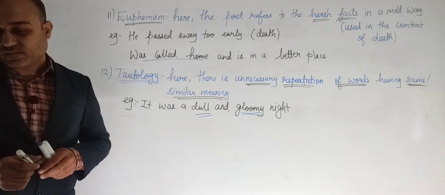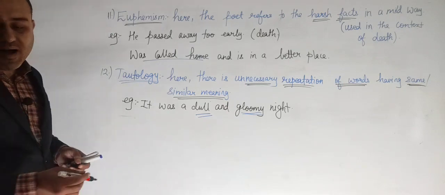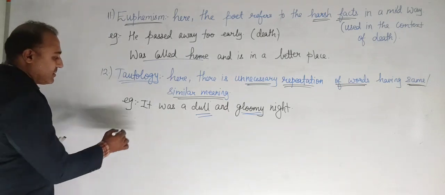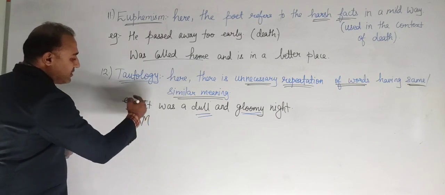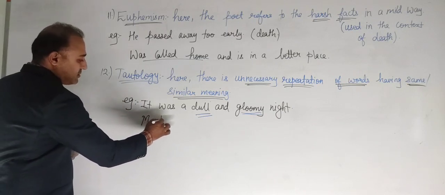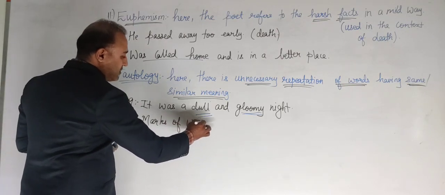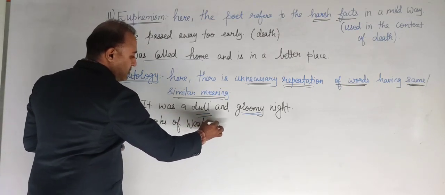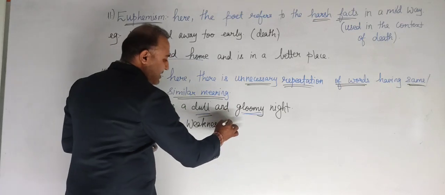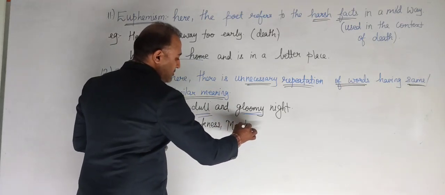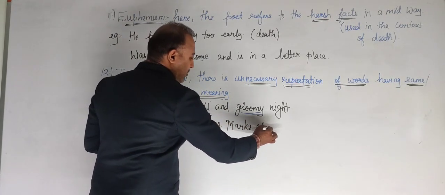Next is marks of weakness. Next one, again for tautology, marks of weakness, marks of woe.